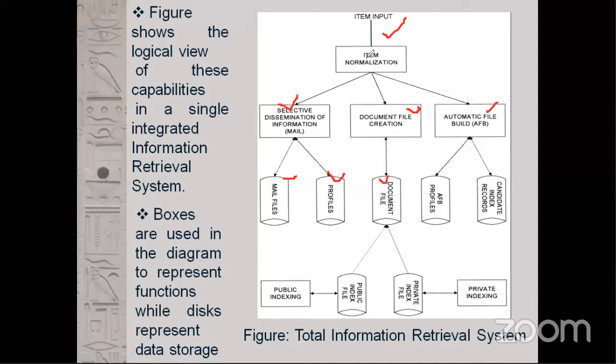What are those major functional processes here? One is item normalization, another is selective dissemination of information, then document file creation, and automatic file build. So these are the four major functional processes that you have to consider.